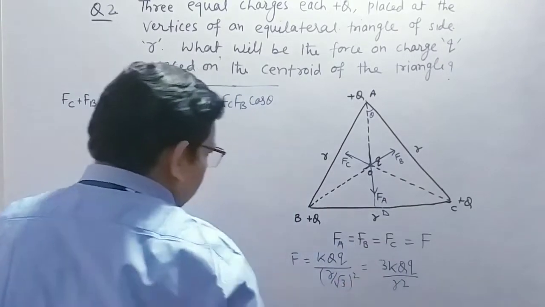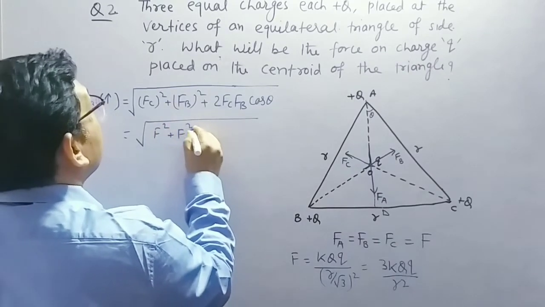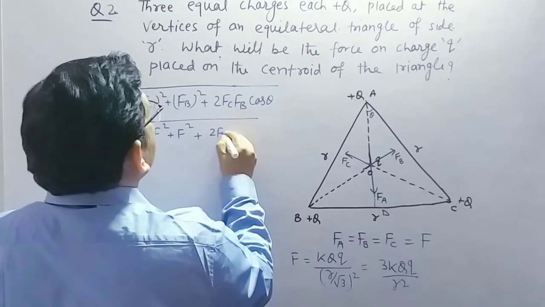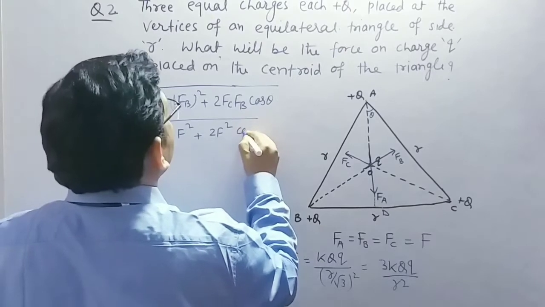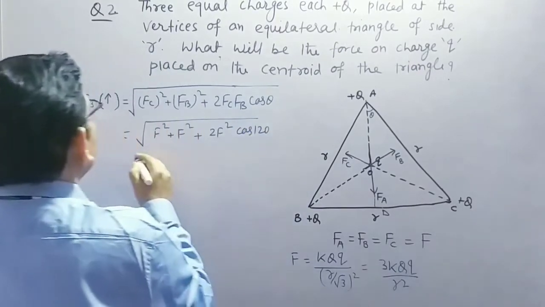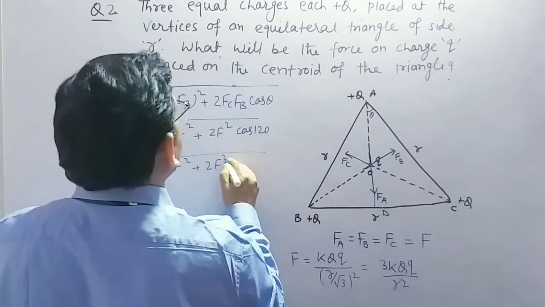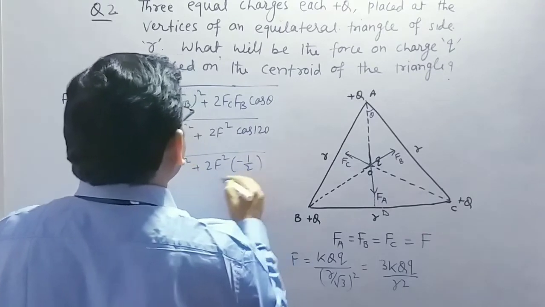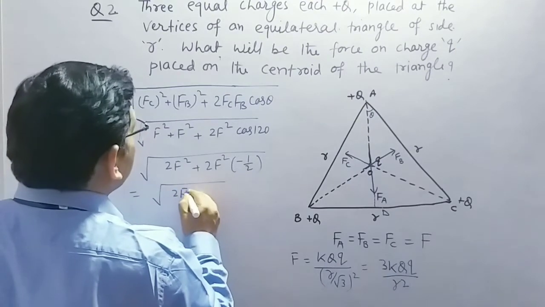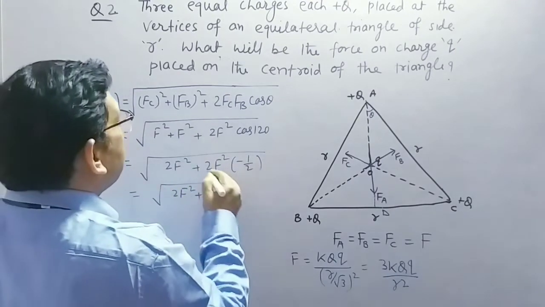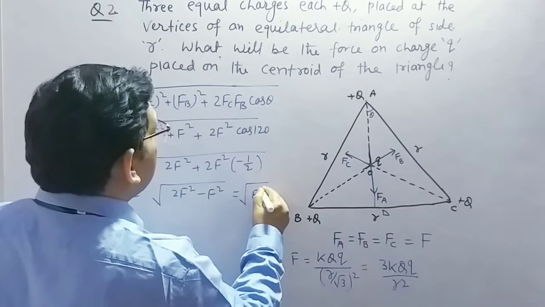Already we have proved that all the forces are equal in magnitude. So F square plus F square plus twice F square, and the angle is 120 degrees, so cos 120, which is minus half. So we have 2F square plus twice F square times minus half. 2 cancel. So we have 2F square, and minus F square. So overall the square root of F square is equal to F.